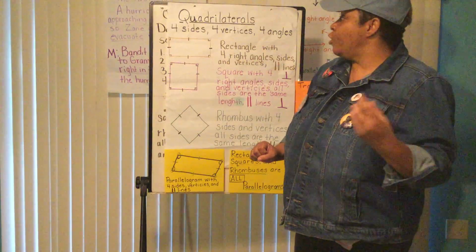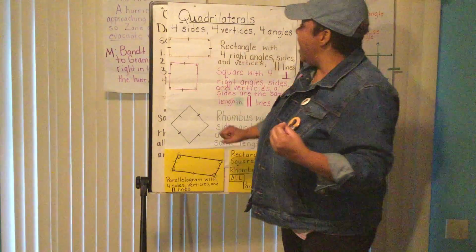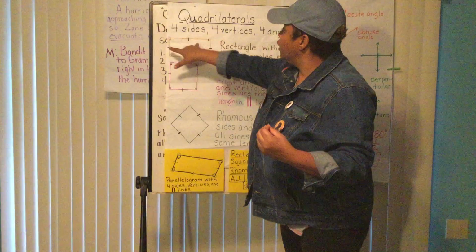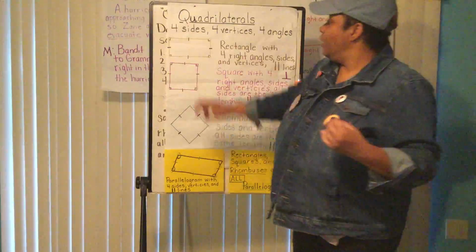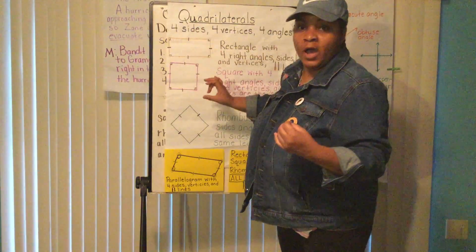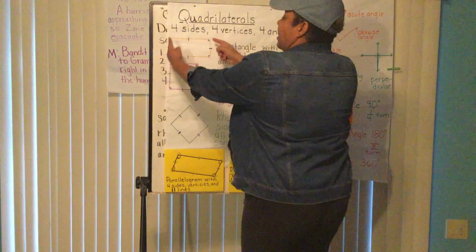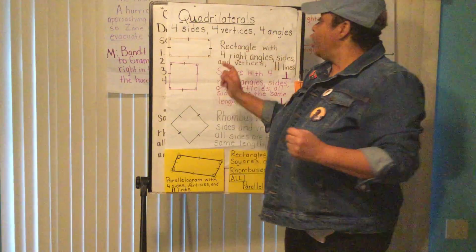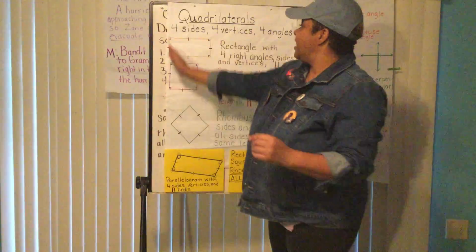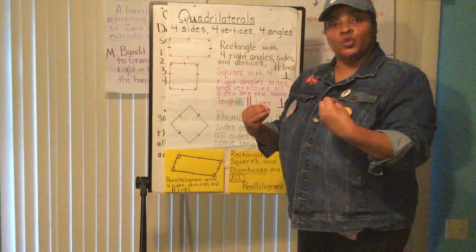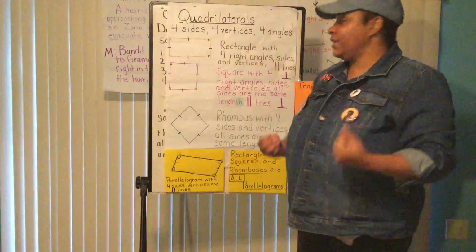I also know that the rectangle has 2 sets of parallel lines. Parallel line set 1, parallel line set 2. I also know that it meets and forms perpendicular lines here and here. That's the way for me to describe my rectangle.